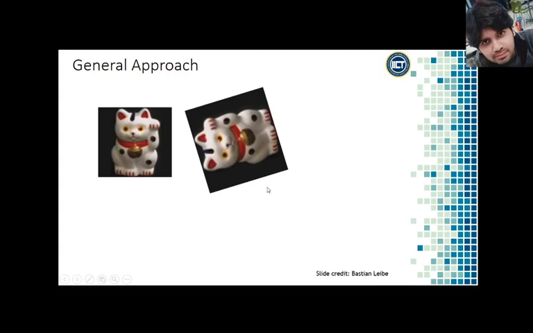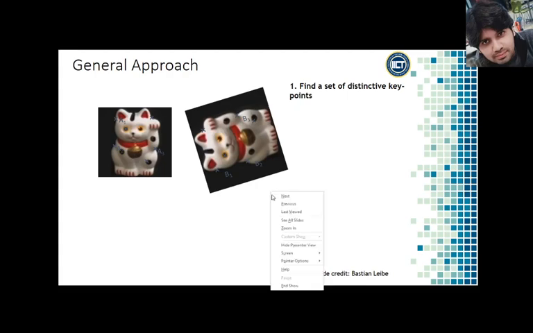So what we need to do here, first, is find a set of distinctive key points, and I have already discussed in my last lecture that we need to find the points which are unique and which represent a single response rather than multiple responses.